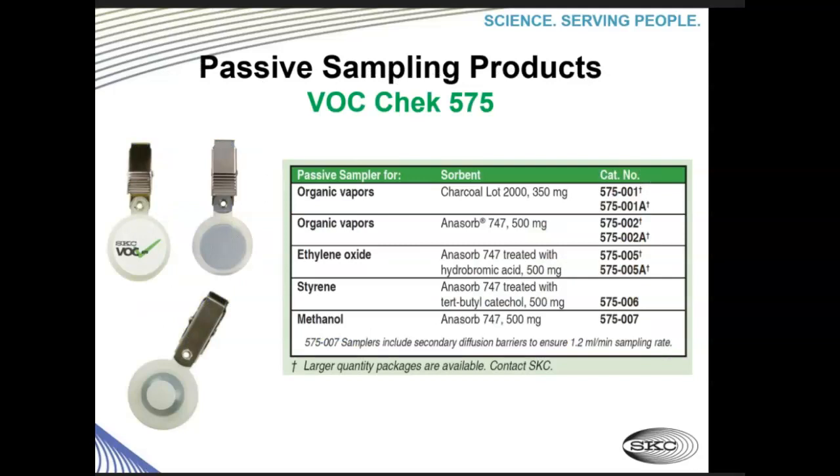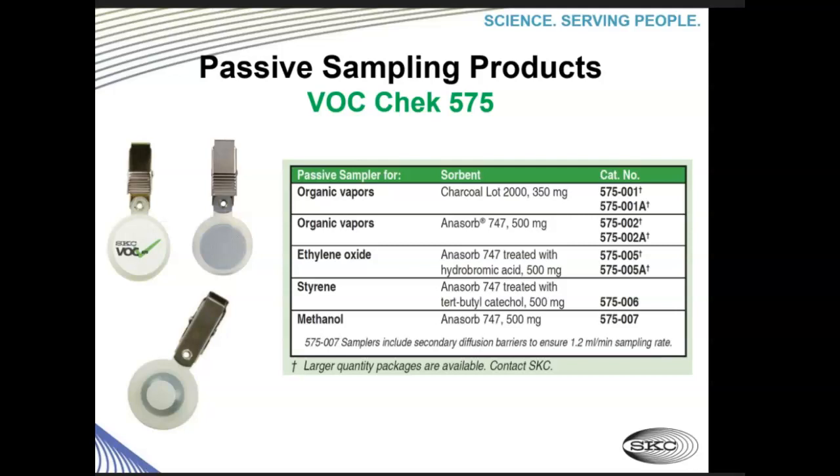But at the end of the day, health and safety professionals like yourself need to know if passive samplers generate reliable data. As Jay mentioned earlier in the presentation, in the 1990s, SKC's extensive efforts to set up their validation program, and then OSHA's commitment shortly thereafter to advance the science of passive samplers ultimately helped advance products like the VOC Check 575 series to the point of being specified in OSHA methods.